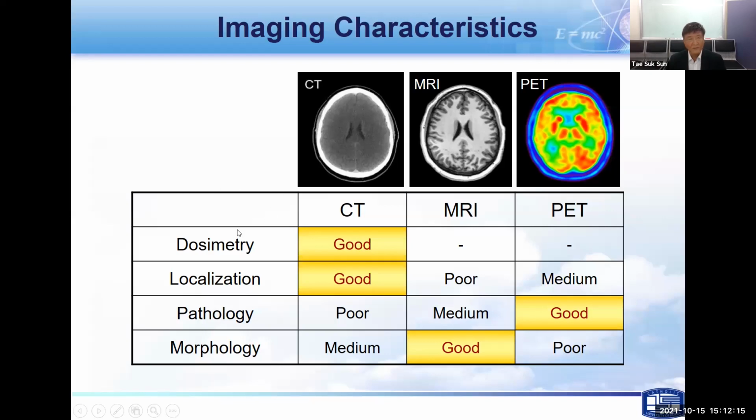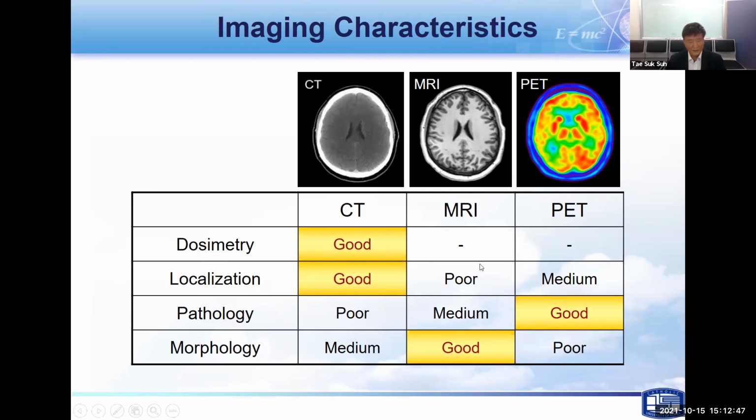Also, CT is good for dosimetry because the CT number is directly correlated with dose computation. MRI is good for obtaining detailed morphology, showing good tumor detection in soft tissue. And PET is better for evaluating the pathology and detecting staging and malignancy.